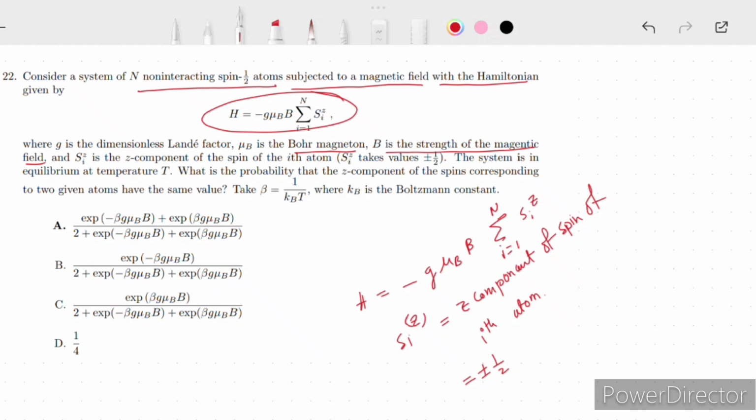And the system is in equilibrium at temperature T. What is the probability that the z component of spin corresponding to two given atoms, please remember, have the same value?